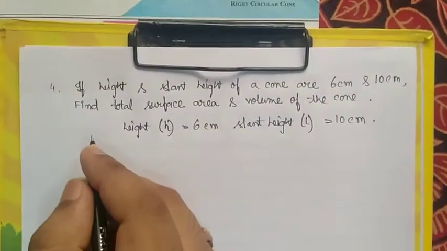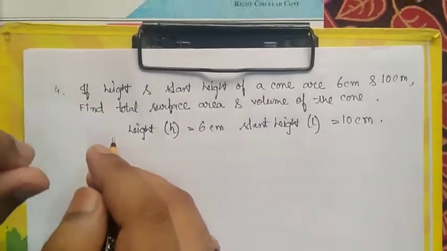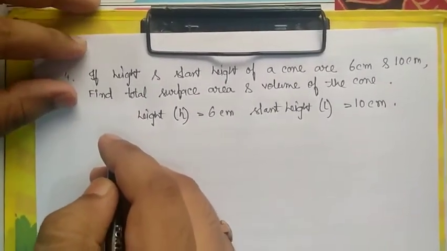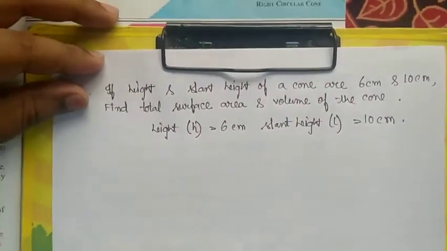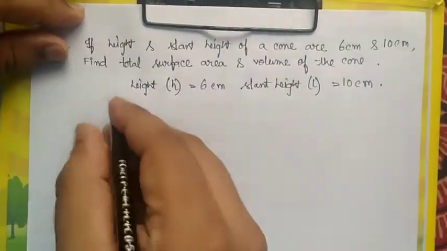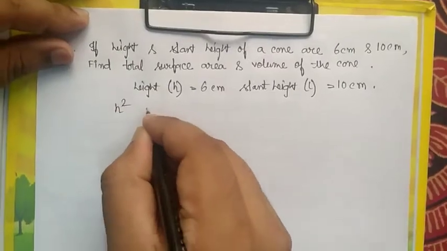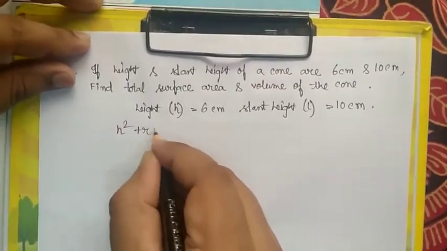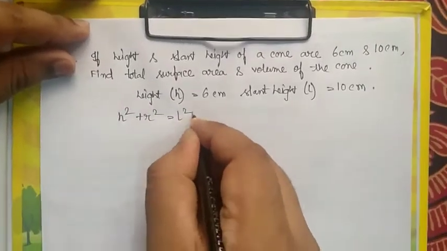From previously, when I discussed the formation of the right circular cone, we know that the relationship between slant height and radius is h square plus r square equals L square.